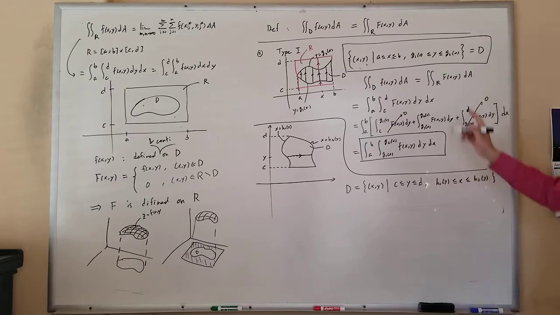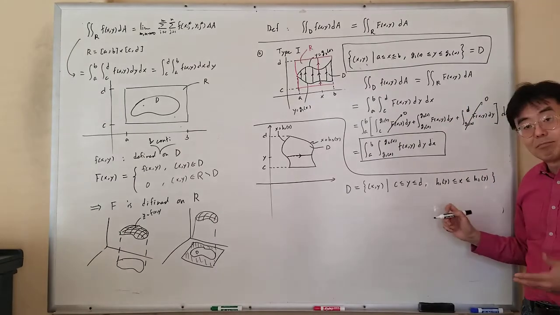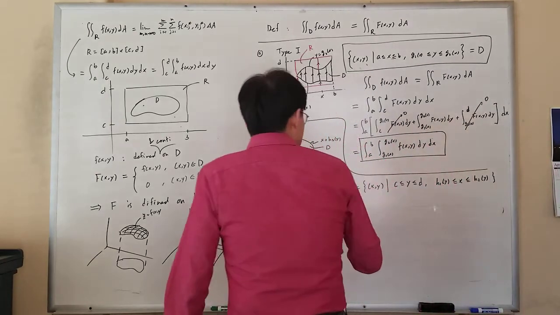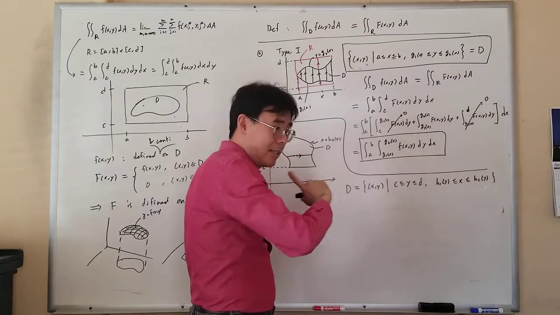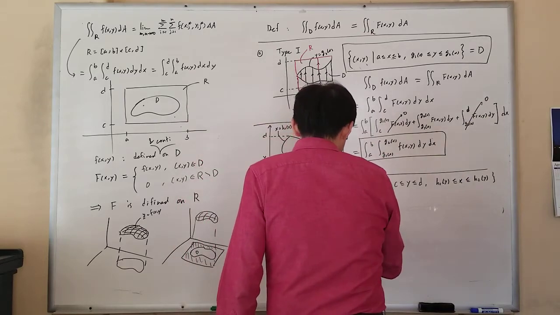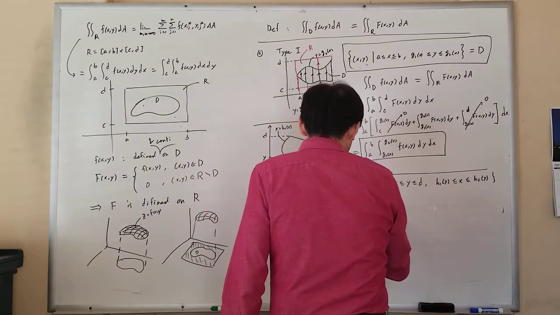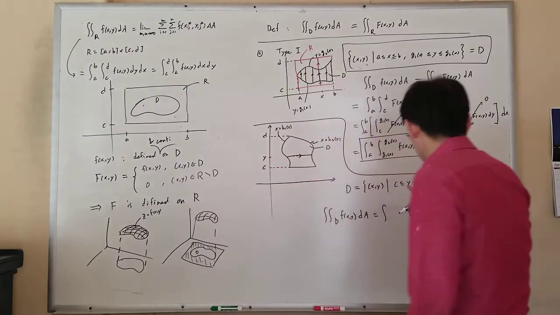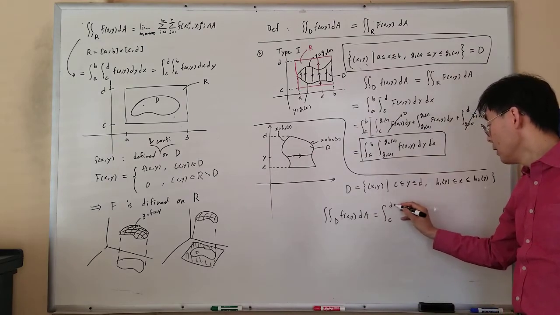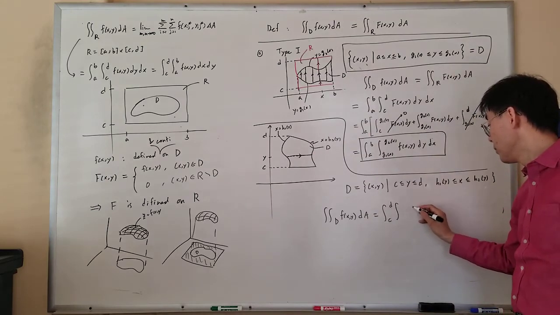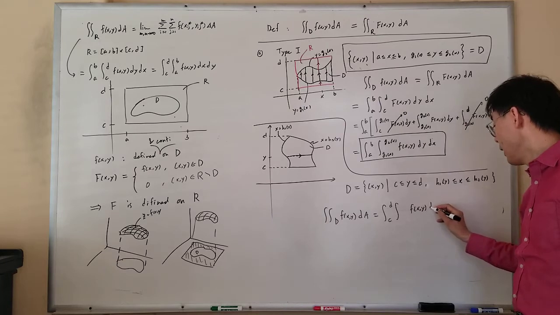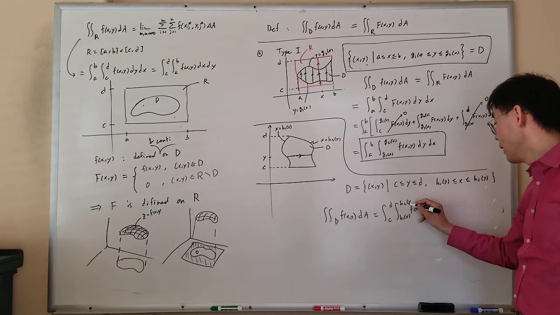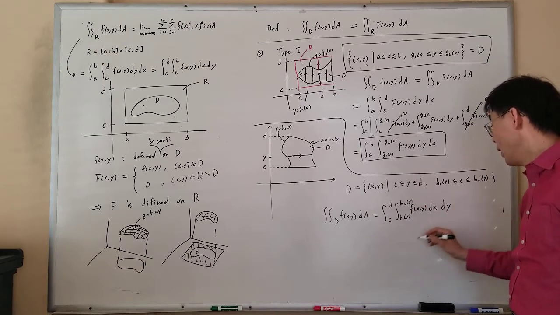So the roles of x and y are switched. Then you go through exactly the same argument. Then the double integral of f of x, y will be the iterated integral: y runs from C to D outside, and x runs from h1 of y to h2 of y, dy.